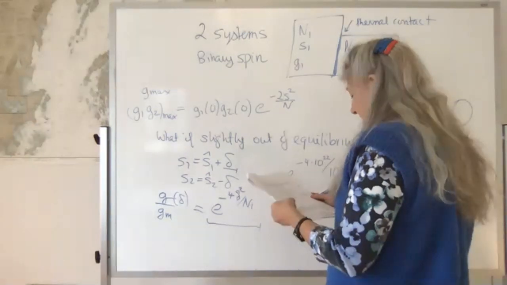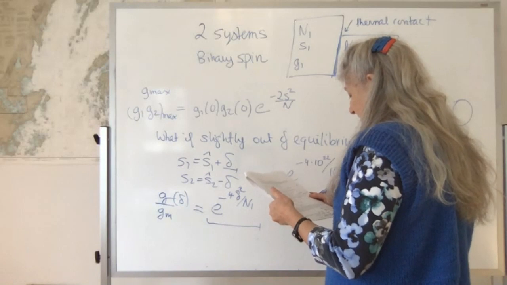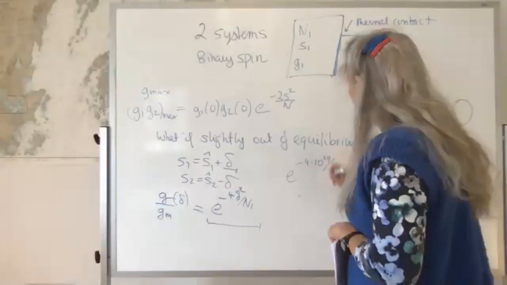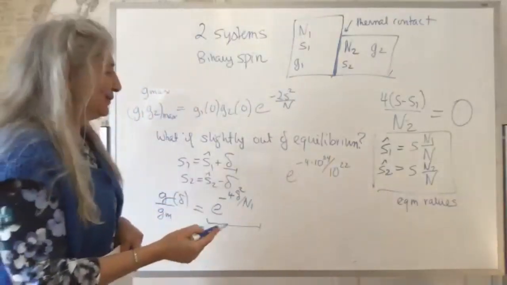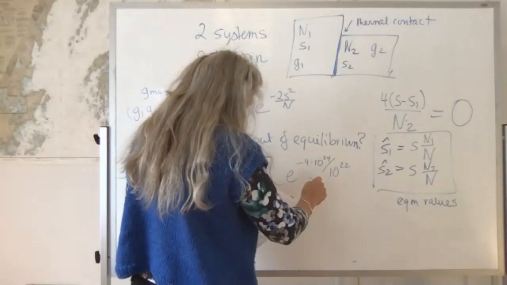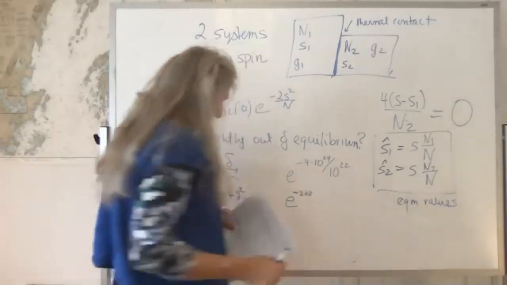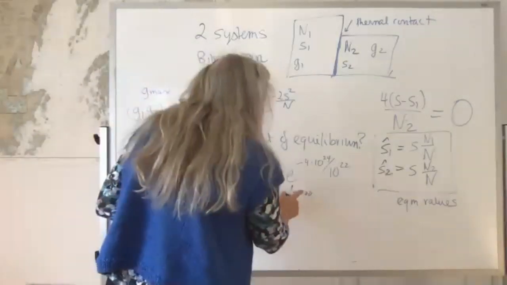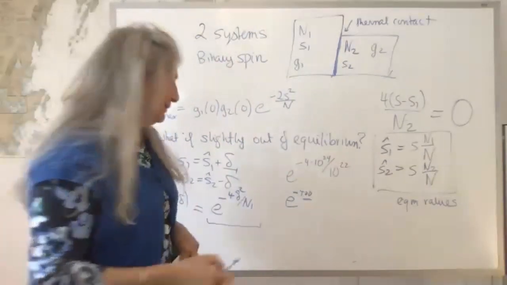I've got it squared. 10 to the 12 squared is 10 to the 24, okay, that's where my mistake was. So I take 10 to the 12 squared, and this turns into e to the minus 400 or so. So this is a really, really small number.